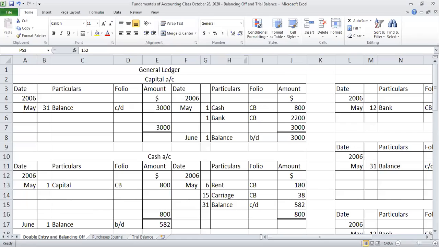I'll call it trial balance, a small printing firm.